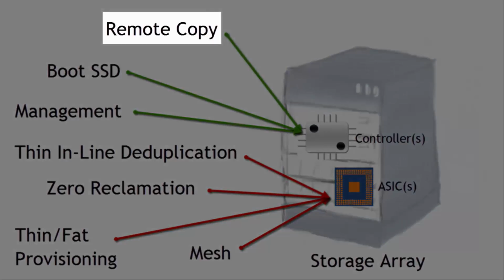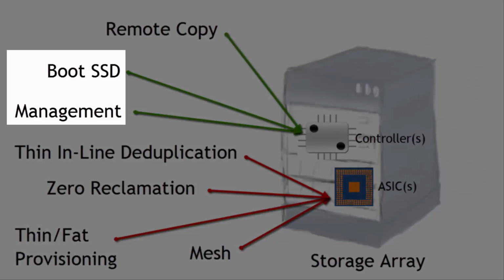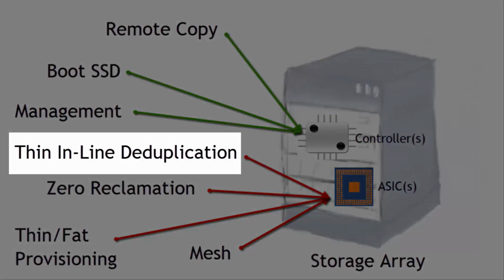Remote copy. Remote copy means I'm copying stuff either within my data center to another storage array or to a geographically dispersed storage array. I need the ability to boot solid state drive technology, right? I need some form of management over the environment. I need some form of inline deduplication.